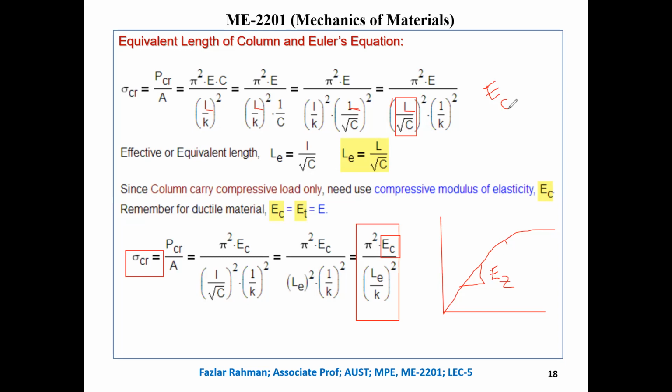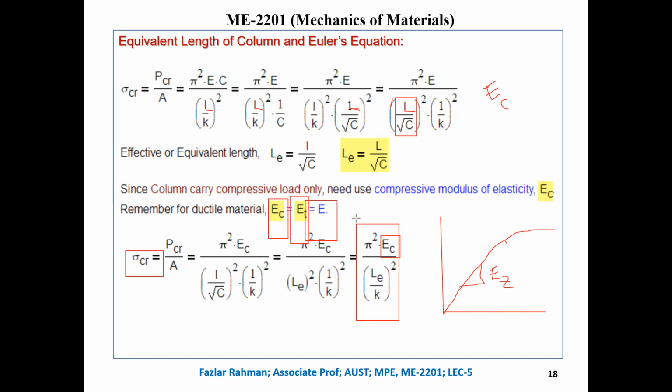But there is a thumb rule: for a ductile material, compressive modulus of elasticity and tensile modulus of elasticity are almost the same. That means EC equals ET and E. But if the metal is brittle, then it's different, because brittle has more compressive strength.